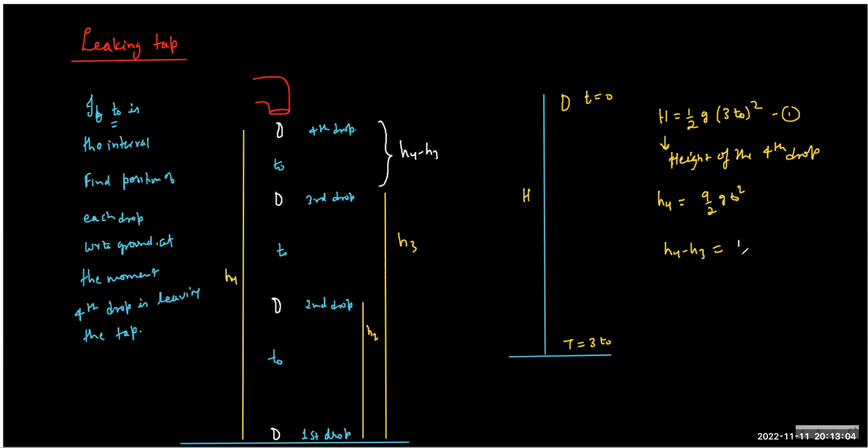So this is half G T naught square, because you are exactly T naught below in terms of time. And H4 is how much? H3 turns out to be how much? 4G T naught square. Am I right? Yes. Similarly, can you find the H2?